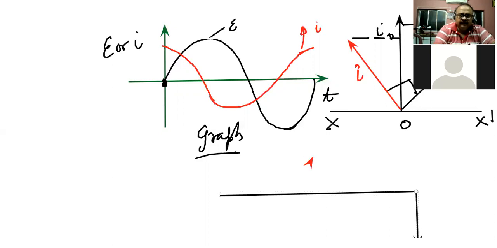So this is your VC, and if I show the current along the X axis, it will be something like this. So this is your current, and this is your voltage. So you can see the VC lags current by 90 degrees.